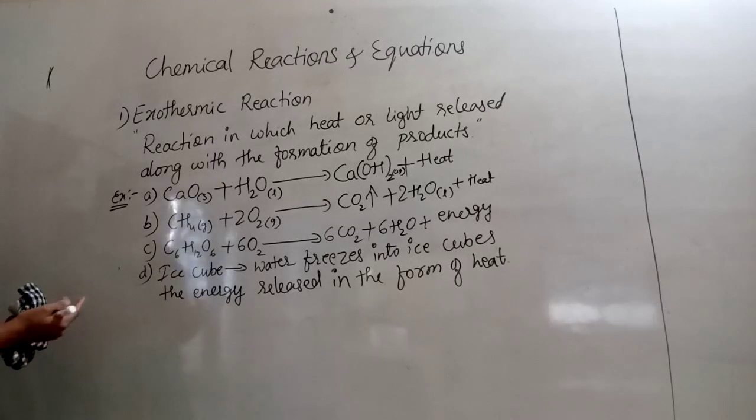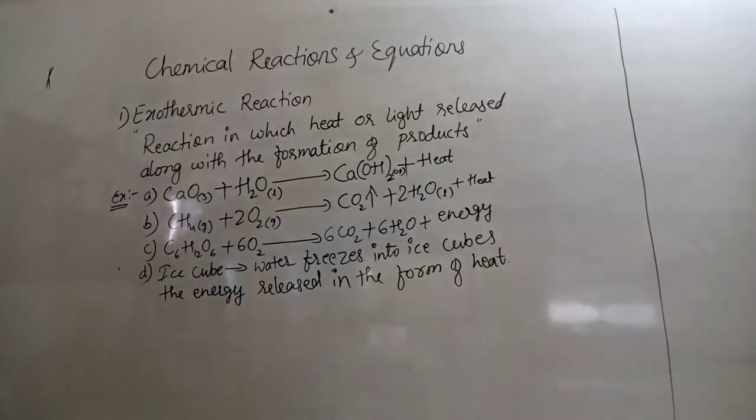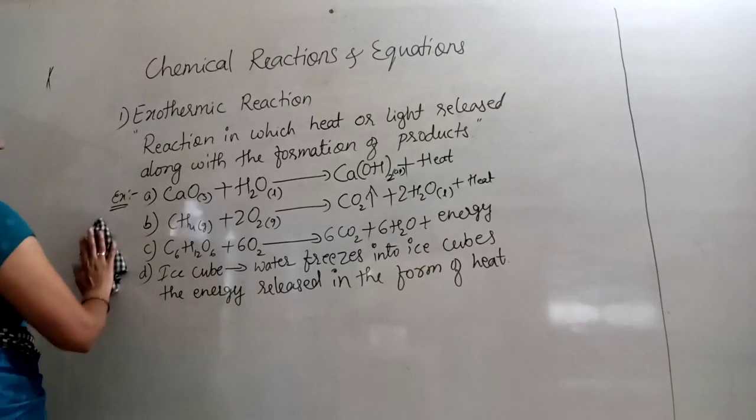Due to that reaction we get light when we light it, and the matchstick is also an exothermic reaction. And burning of candles, these are all examples of exothermic reactions: reactions in which heat or light is released along with the formation of products. Okay, then next is endothermic reaction.